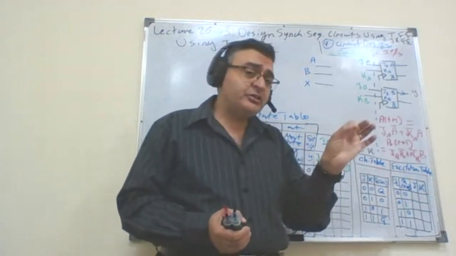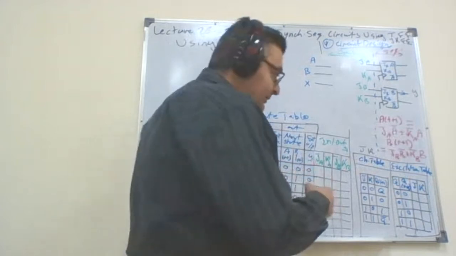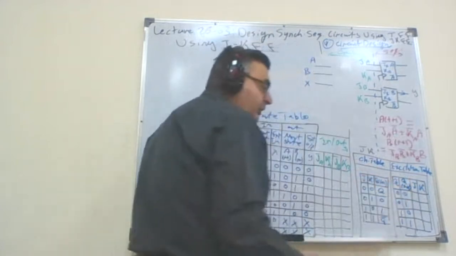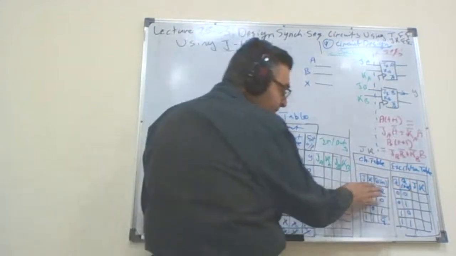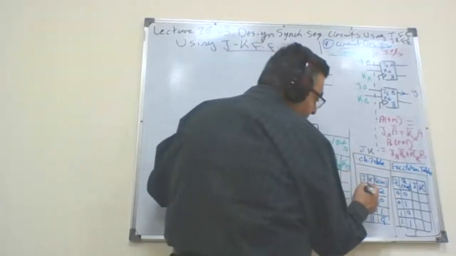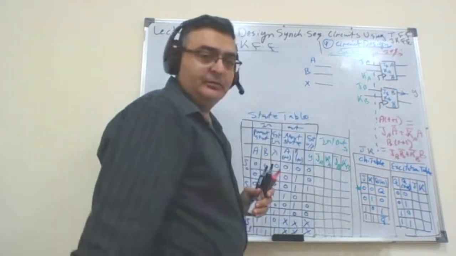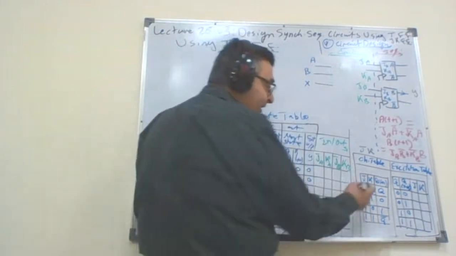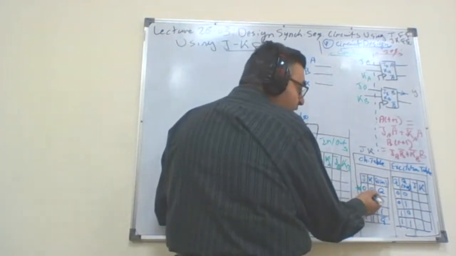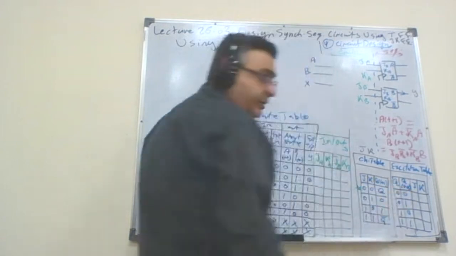I can view this as a similarity case, where Q with Q of T plus 1 are similar. Where is the similarity in this table? The similarity in this table is provided in this row. So that means J with K, if they are both zeros, it will give me Q and the Q of T plus 1 equal.